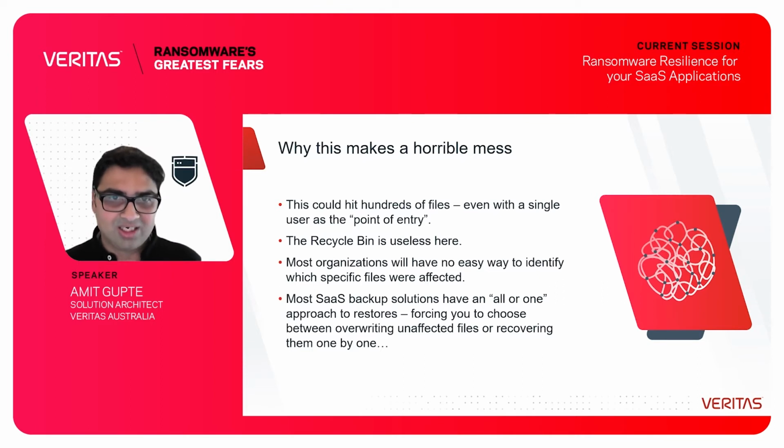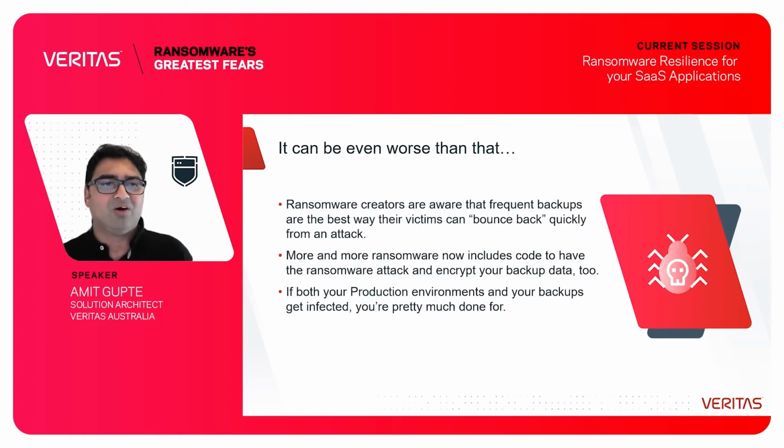You can restore the entire collection set, overwriting legitimate file changes that were made to unaffected files, or you can restore only the affected files one at a time, and you can restore from the most recent backup before the ransomware hit. If you back up only once or twice a day, the entire day's work is lost. So depending on the strain of the ransomware you're hit with, things can end up being even worse.